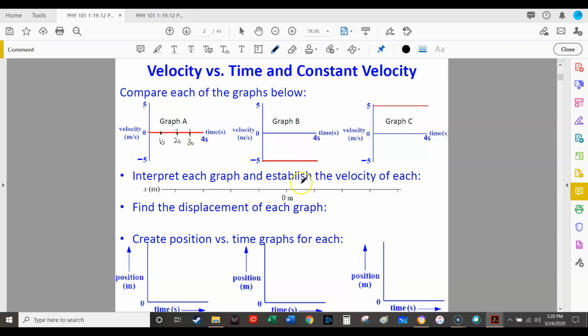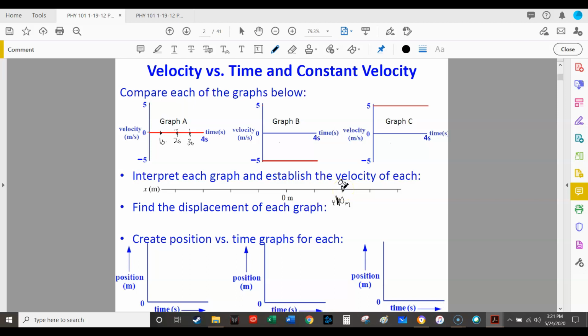What that says to me is that maybe you're at a position of, let's just do positive 10 meters here. If you're at the 0 second mark, you're just here, with a velocity of 0 meters per second. Well, that means you're just at the 10 meter mark.